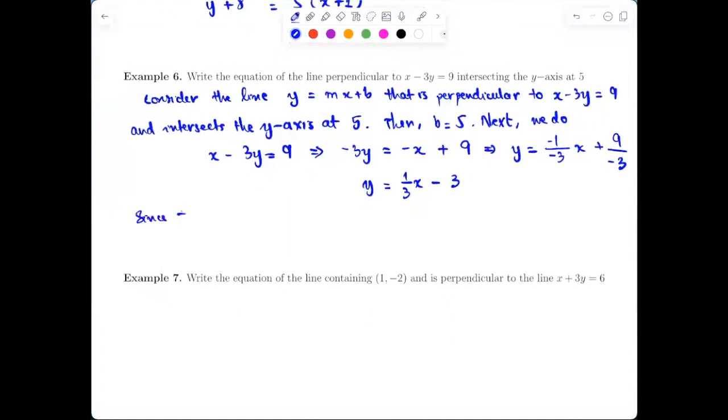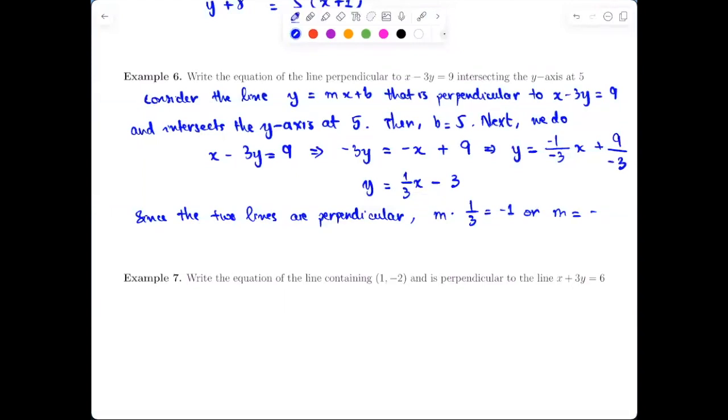Since the two lines are perpendicular, the product of the two slopes is equal to -1.